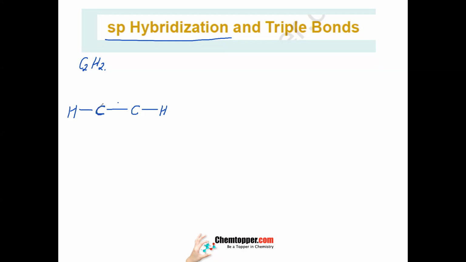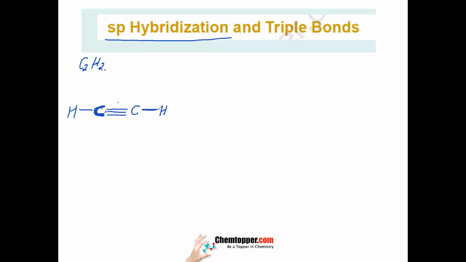Now, how many bonds are needed on this carbon? Carbon can make a maximum of 4 bonds. So what should I do? You make a triple bond on this side. Don't touch hydrogen.